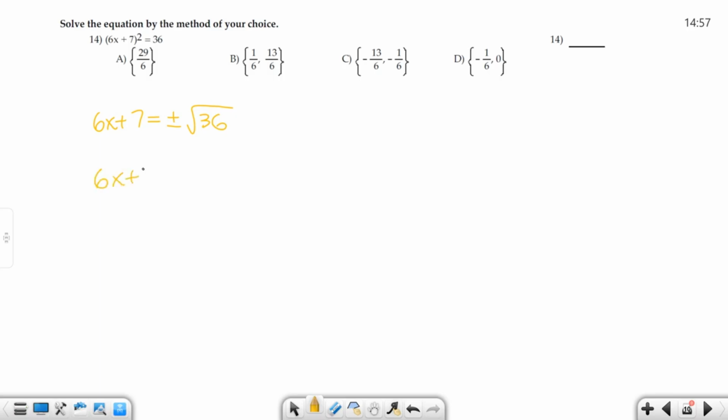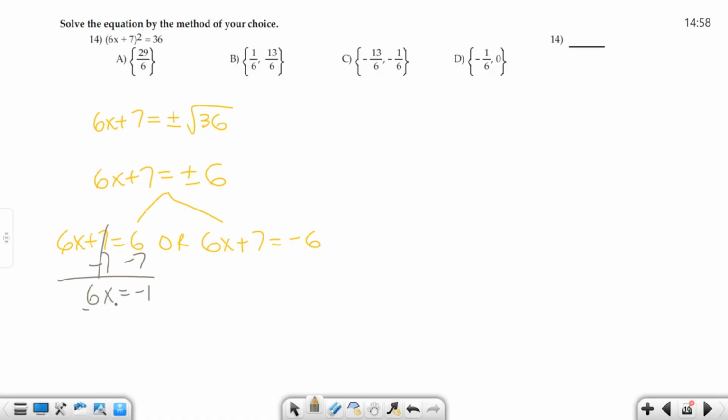6x plus 7 equals plus or minus 6, and there's 2 ways you can do this. What I like to do is separate it out into 2 equations: 6x plus 7 equals the plus 6, or 6x plus 7 equals the minus 6. That's what I do. So we're going to subtract 7. 6x equals negative 1.